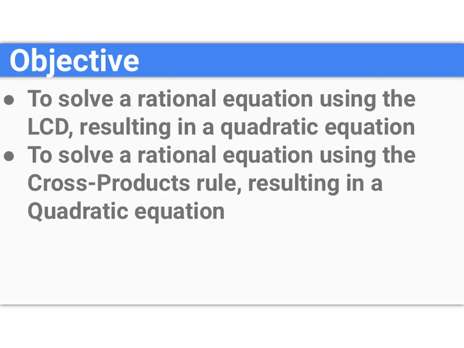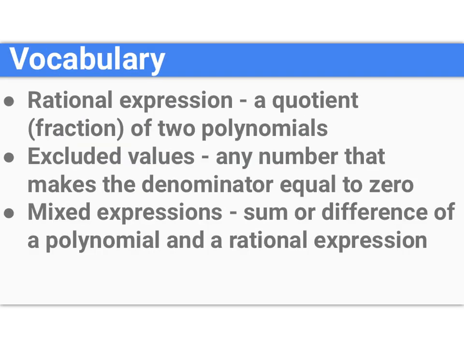All right, here's our objective. Please pause and read through this. Here's our vocabulary. Please pause and read through this. Since I started multiplying rational expressions, I have not worried about excluded values.